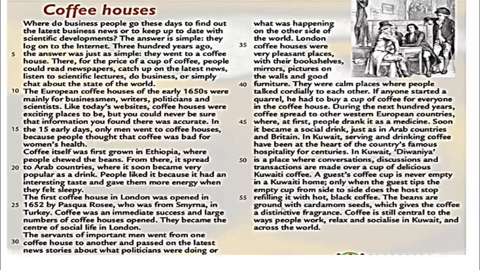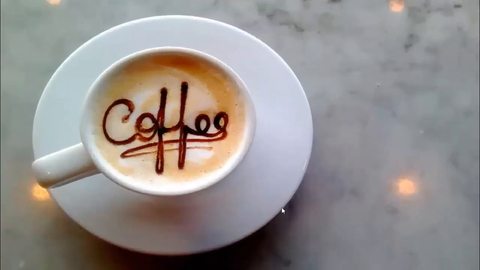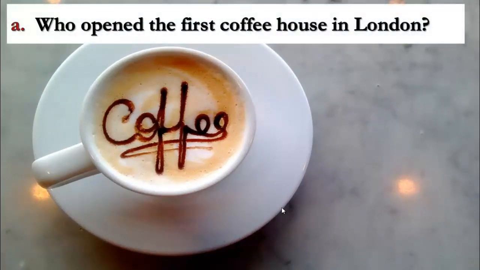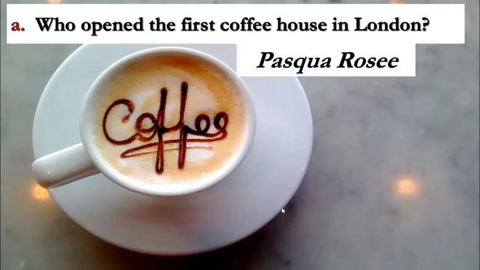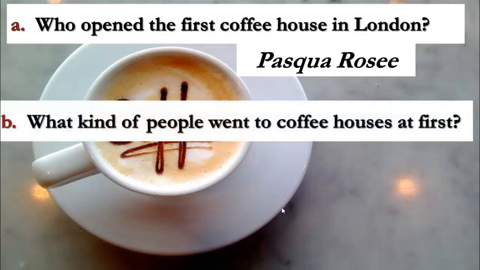Okay, after reading, let's answer the questions. The first question: who opened the first coffee house in London? Yes, Rasqua Rossi, who opened the first coffee house in London. Yes, right answer.